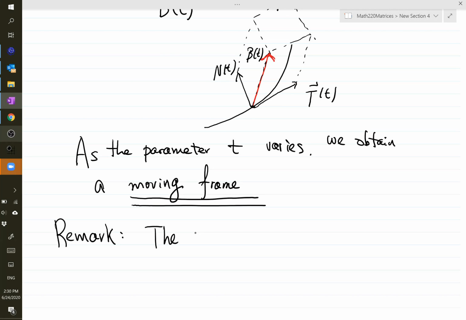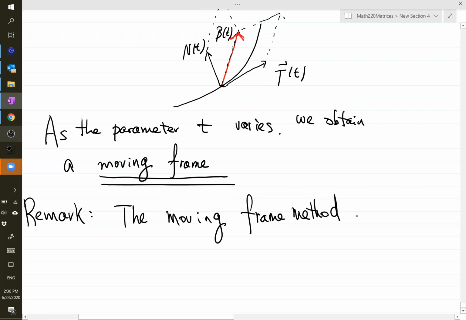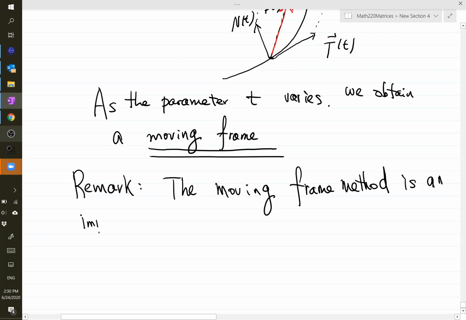That is, if we locally know how the frame changes with respect to the parameter t, then essentially we should know the curvature of this curve at t. So the moving frame method, although I did not explain what it is exactly, is an important tool in differential geometry. It plays the role of the fundamental theorem of calculus in calculus 1 or 2.